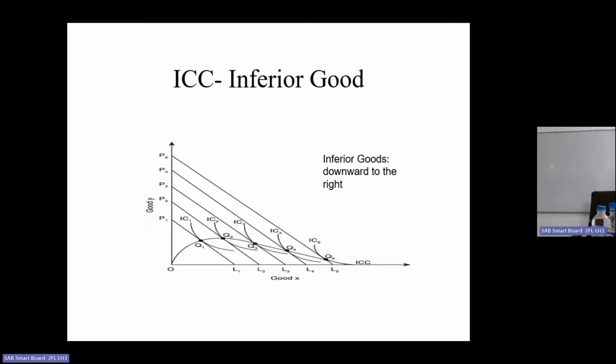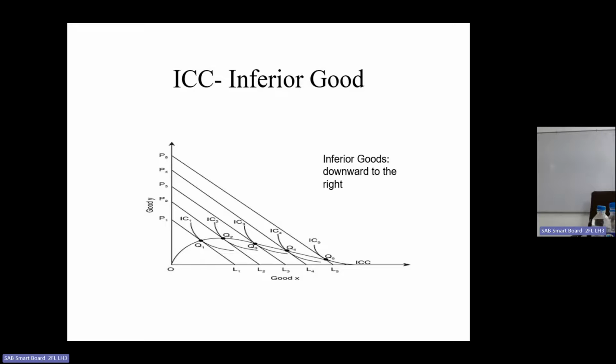Can you understand? Here also the income level increases, and the consumer can consume both products X and Y. If the level of income rises, the consumer can go for a higher consumption point. Now what happened?